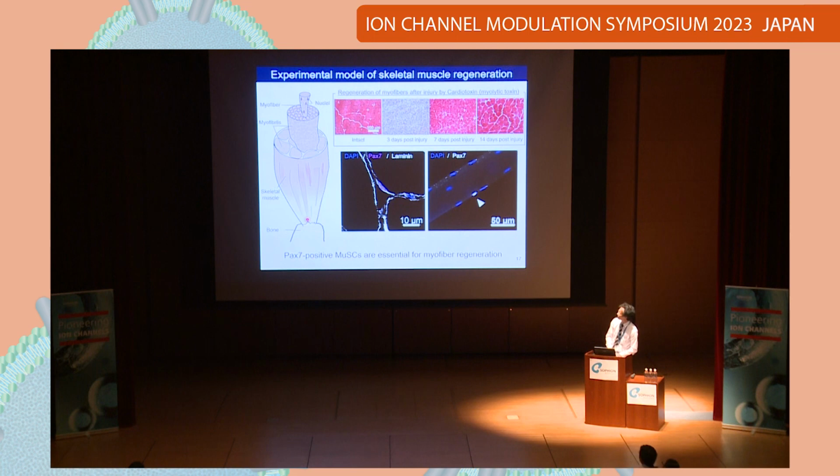To evaluate the function of Piezo1 during myogenesis, we utilized an experimental model using cardiotoxin, a myolytic toxin. After injection with cardiotoxin, we could appreciate complete degeneration of myofibers 3 days post-injury.